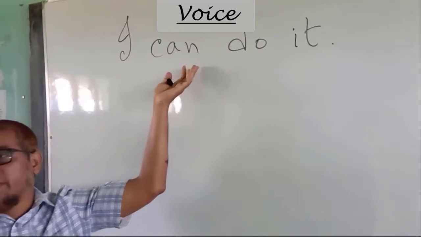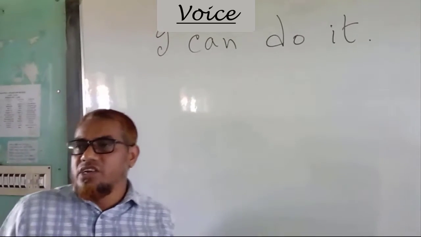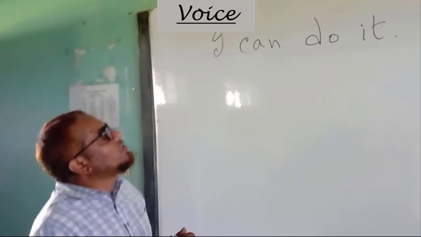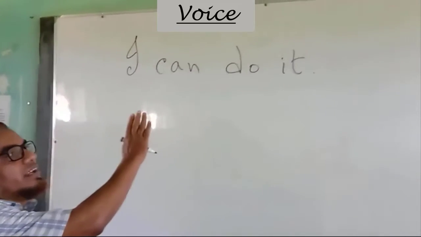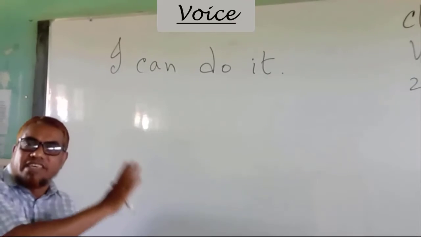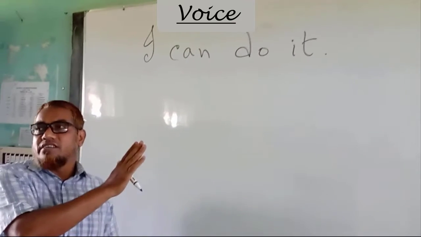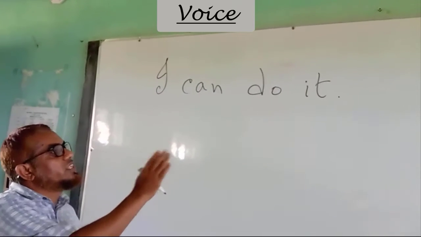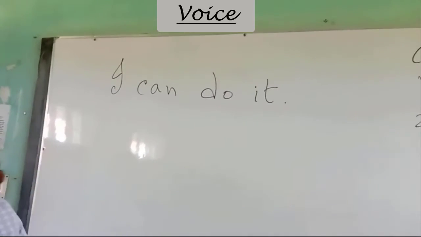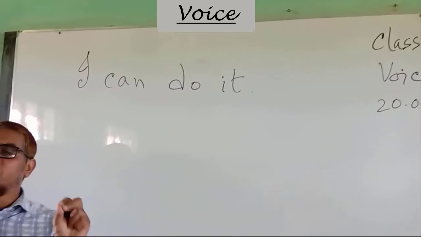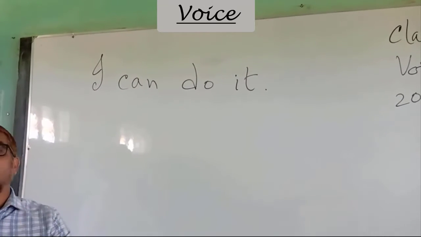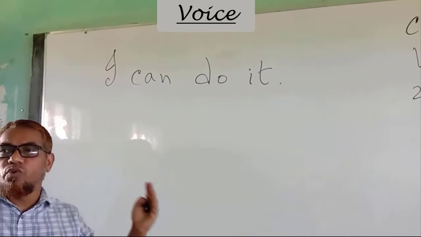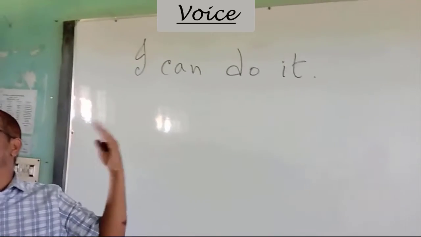There are some modal verbs: can, could, may, might, shall, will, should, would, etc. So, where there is a modal verb in any sentence, when we change the active voice into passive voice, we should put a be after the modal verb, and then we should write the past participle of the principal verb or main verb.